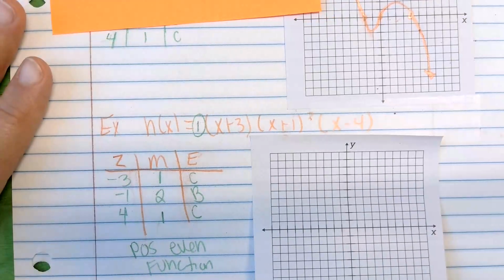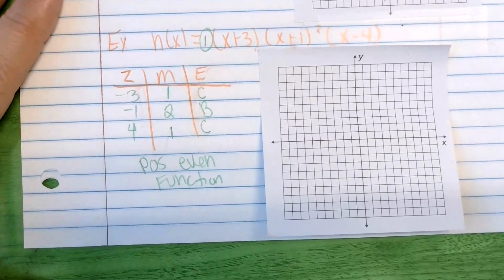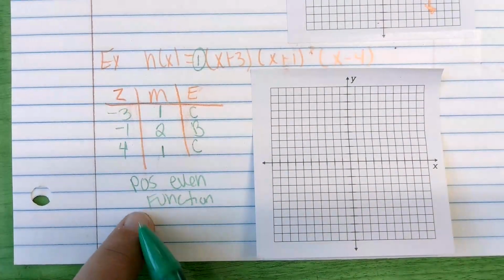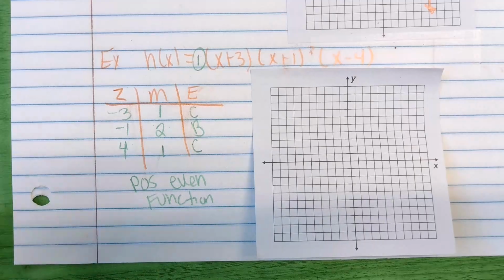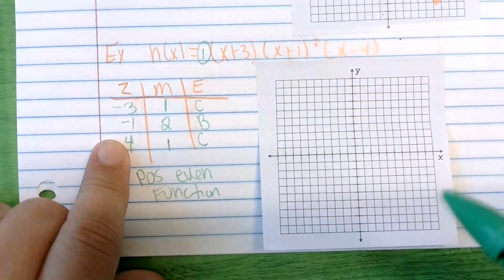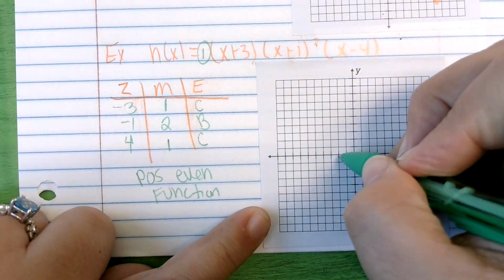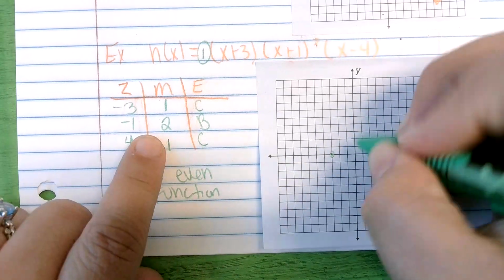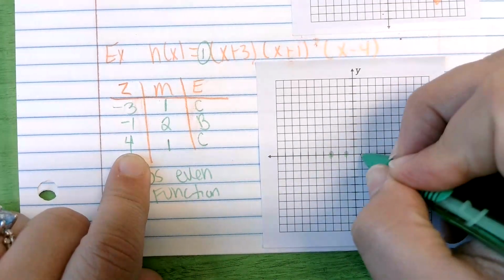Before I lost power here, we were identifying this function as a positive even function. So I can now go graph my zeros. I have a 0 at -3, I have a 0 at -1, and I have a 0 at +4.